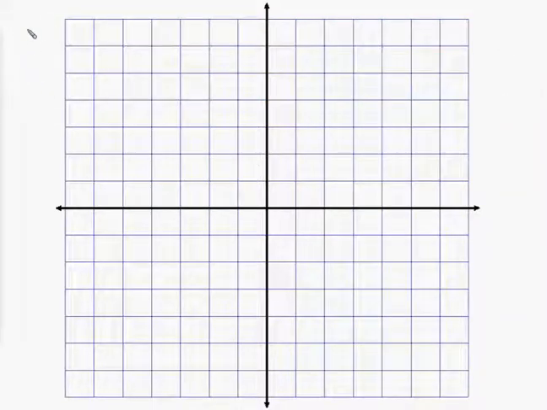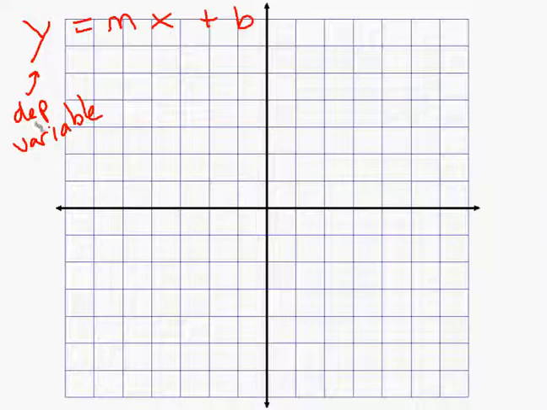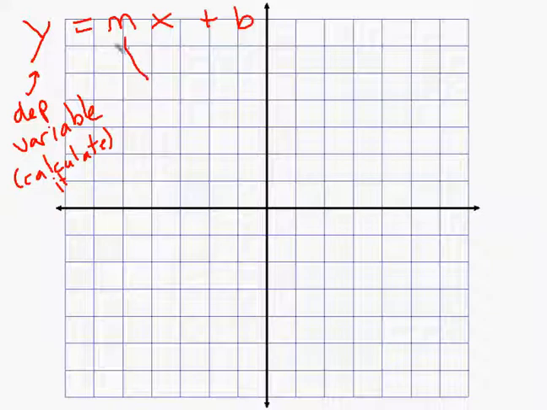Alright, here is our slope-intercept form. y equals mx plus b. Now these are going to represent something. y is usually my dependent variable. That means it depends upon the value of x, so we have to calculate it. m is our slope.